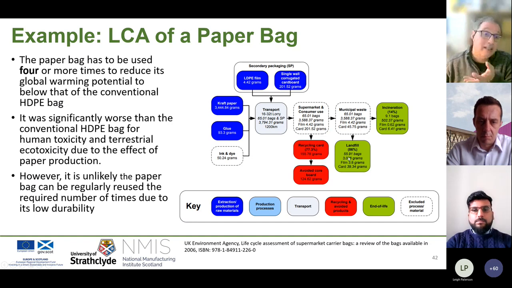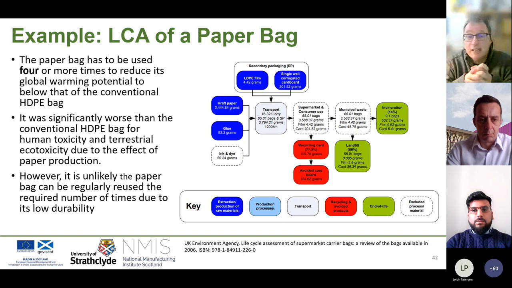So what seems like a nice environmentally friendly option is suddenly looking not so good. Where possible, certain things like recycling the card will take place, and some of the core board may not be recycled or actually reused, so try to avoid doing anything with it, maybe repurpose it. What this tells you, if you read the left-hand side, is a paper bag is used 4 or more times. It needs to be used more times to match up with a simple plastic bag.